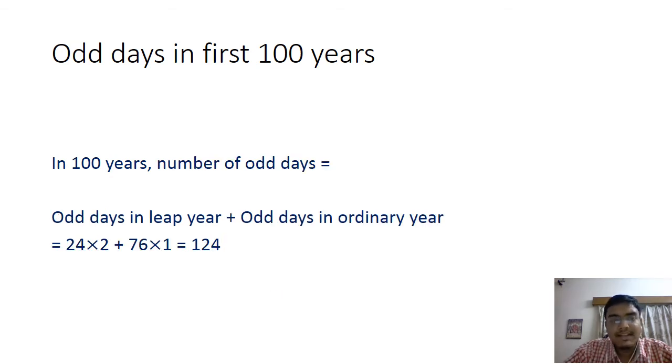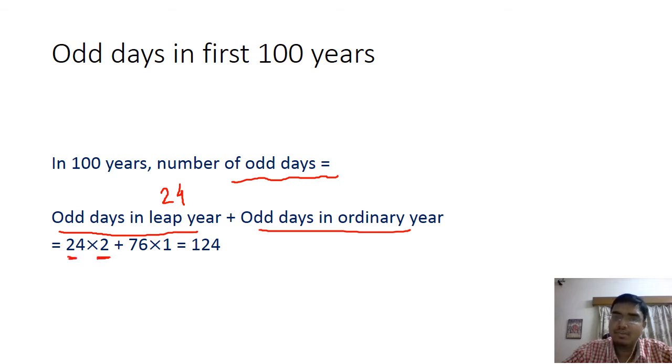Now we know that in 100 years, what would be the number of odd days? It would be number of odd days in leap years plus number of odd days in ordinary years. How many leap years did we have there? 24. So 24 multiplied by number of odd days given by 1 leap year, that is 2.